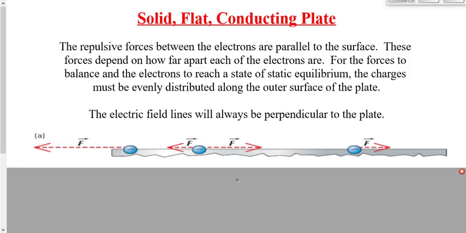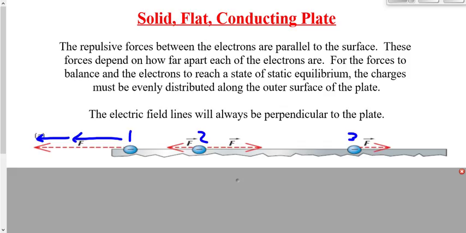I want to look at these forces though, okay? Let's label these object 1, object 2, object 3. We're going to say that object number 1 gets pushed away from object 2. And it also gets pushed away from object 3. Can you tell me why F31 is smaller than F21?